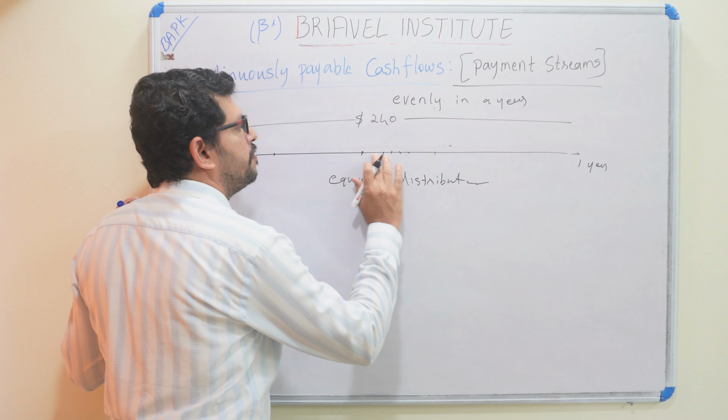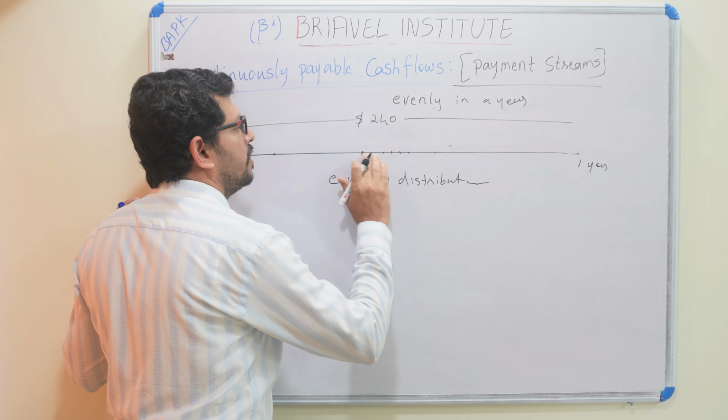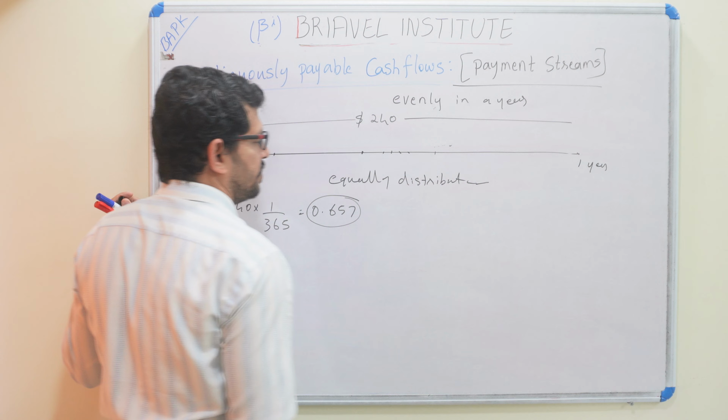So what will be the payment per day? We can check how much it will be for 1 day. We take 240 divided by 365, taking the year as 365 days, and we get 0.657. So 1 day's payment will be 0.657 because it is equally distributed in a year.